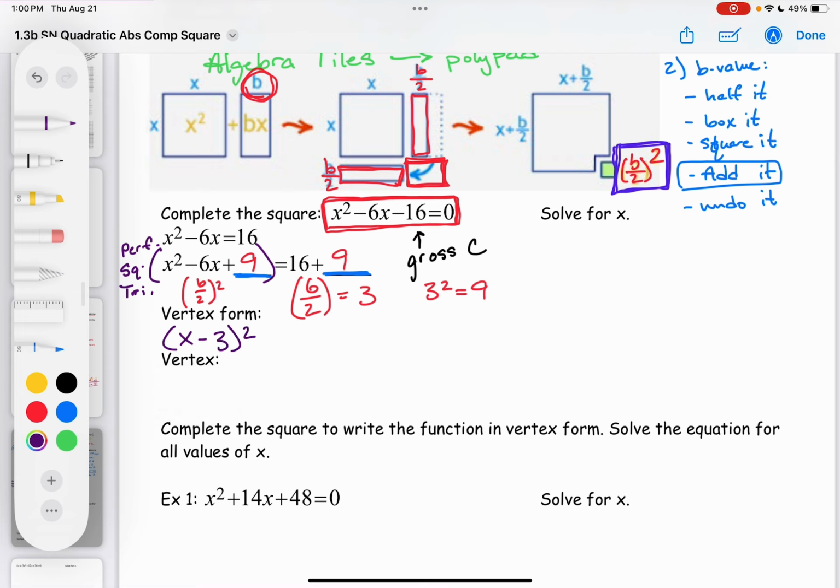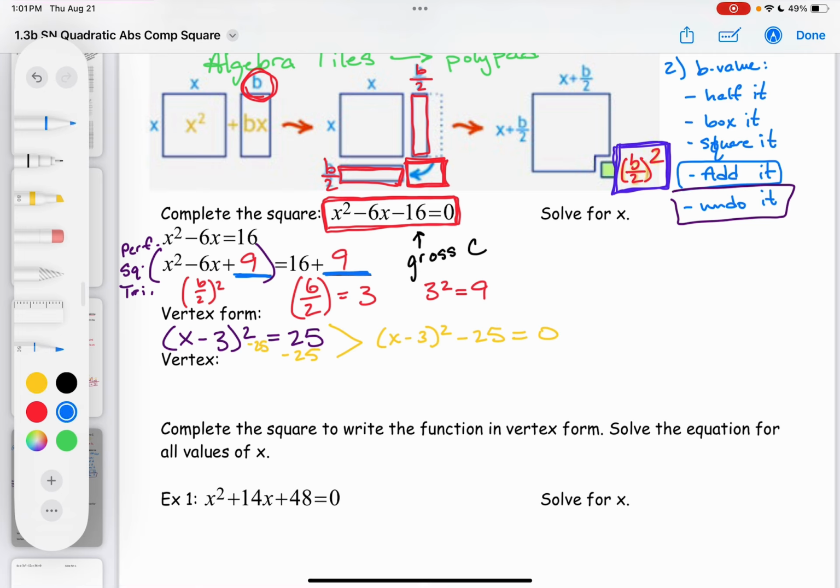And then on my other side, I've got 16 plus 9, which is 25. And the last step of our list over here is undo it. So I'm going to actually move the 25 back to the other side. And so my vertex form is going to be x minus 3 squared minus 25 equals 0.